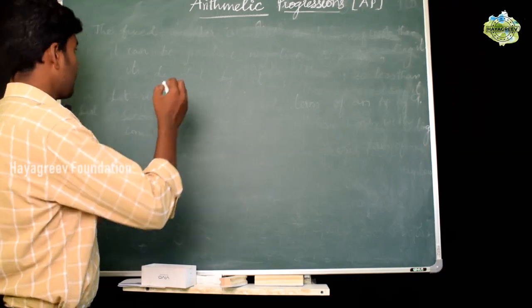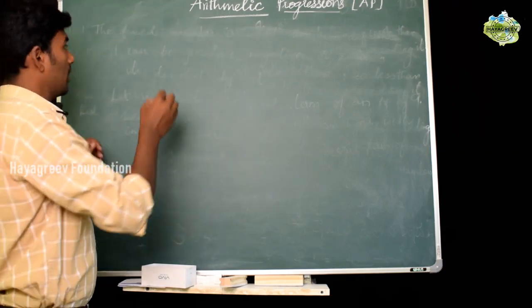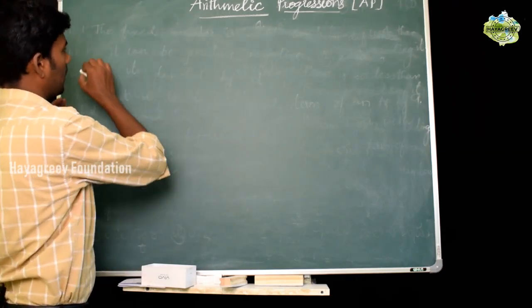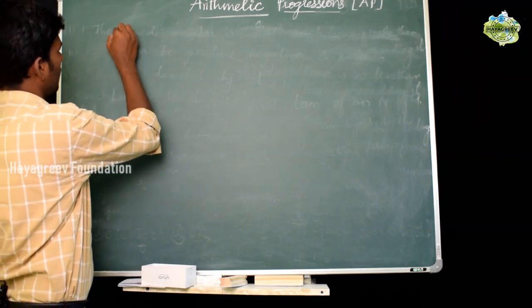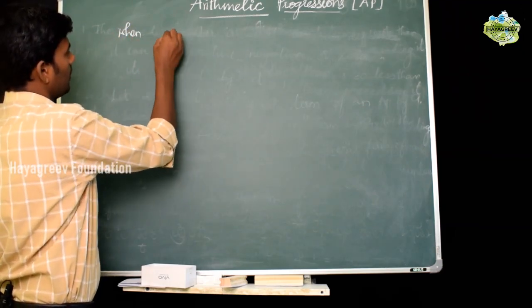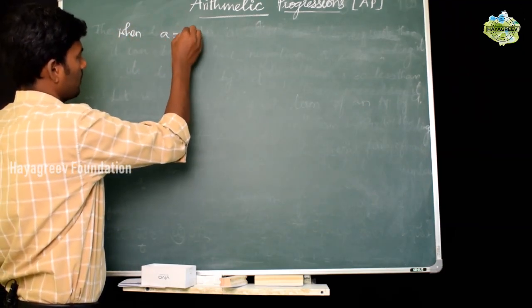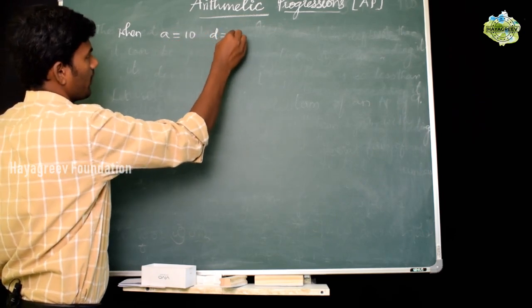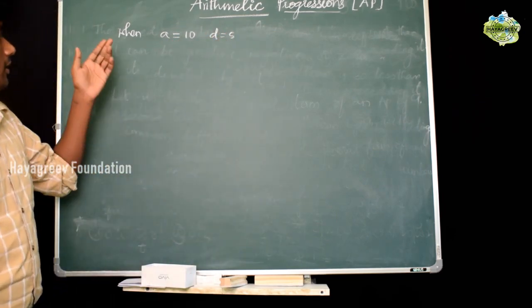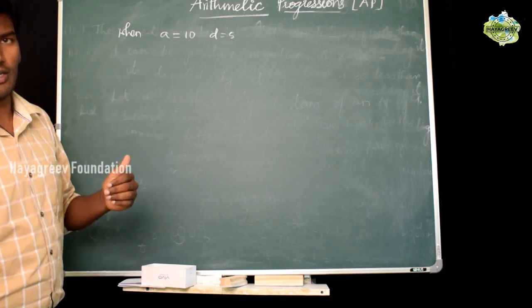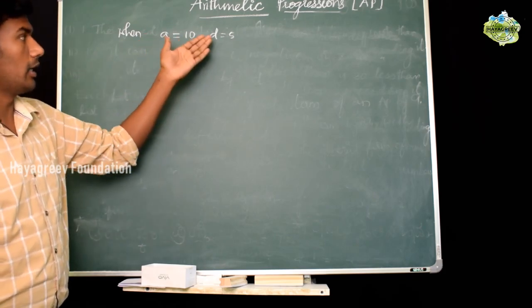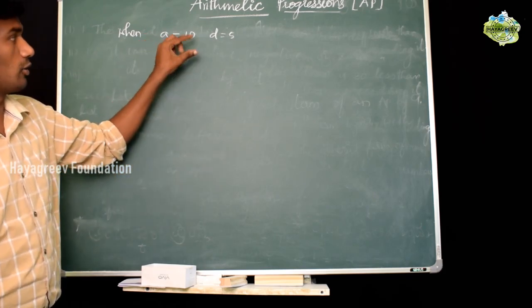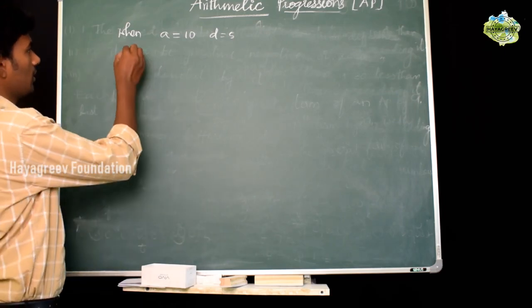Now let us find the AP when A and D are given. In this question, A is equal to 10 and D is equal to 5.